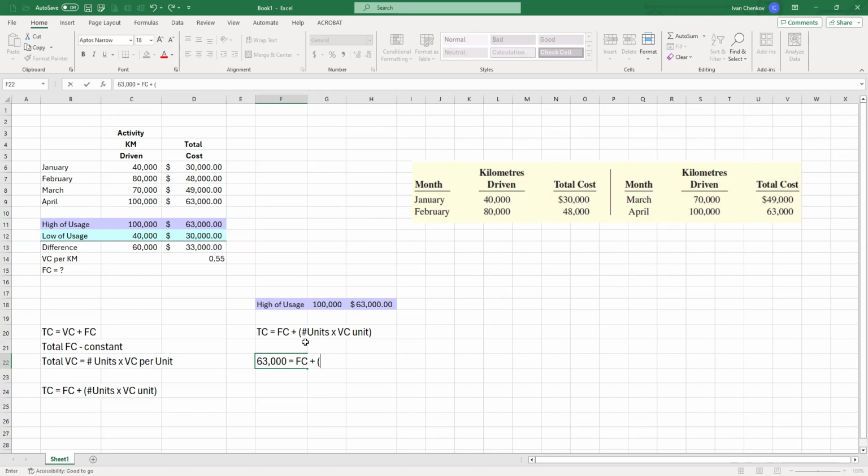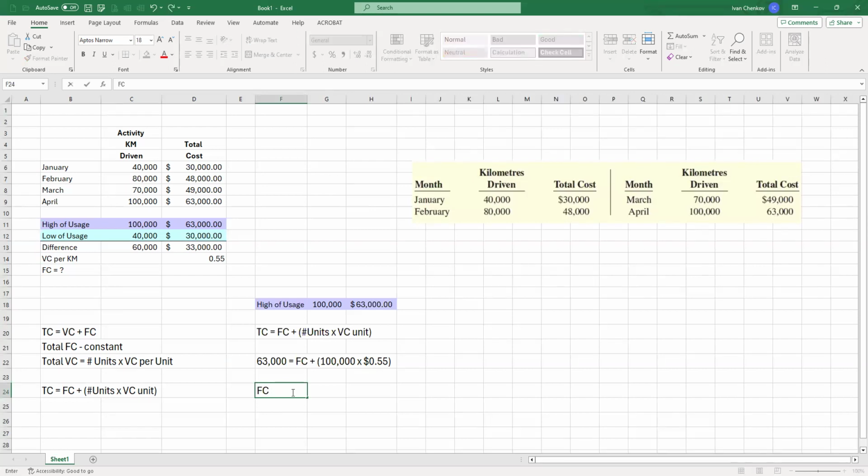I know that when my total cost is $63,000, I'm using 100,000 kilometers, and I know that it costs me 55 cents per kilometer. Once I know this, can I express my fixed cost? Yes, I should be able to do that.